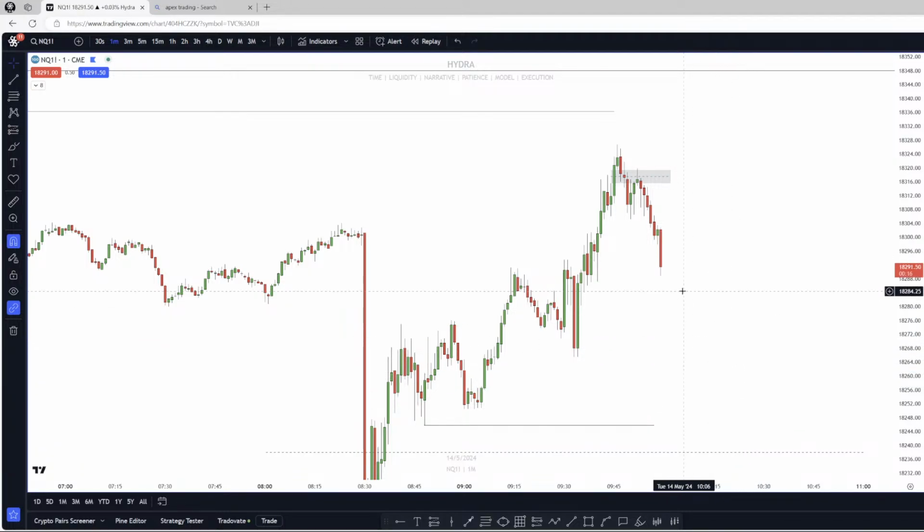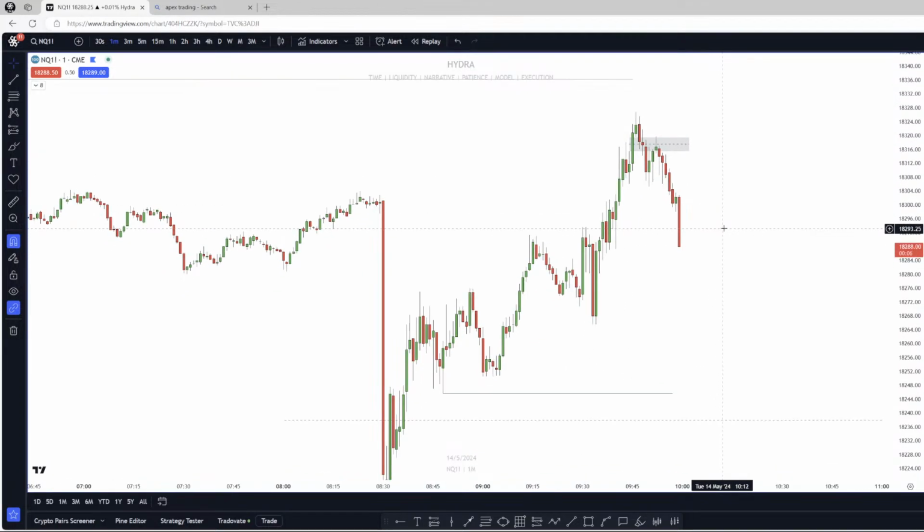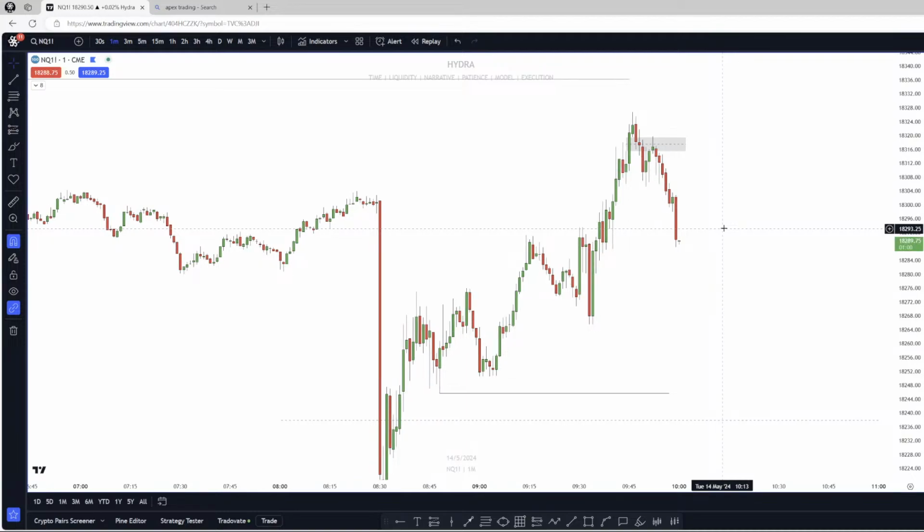So that's why you don't trade prior to news, because of manipulation like this. Trading after the news is most of the time high probability. And our news.